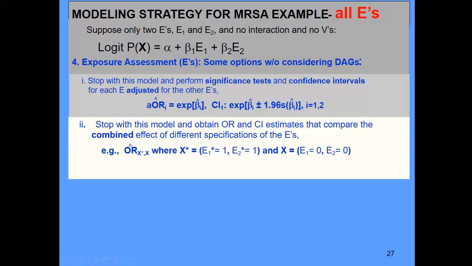You're going to focus on the joint effect of these 2 exposure variables. If you had 4 exposure variables, you might deal with the joint effect of the 4, which is going to be more complicated. But with the 2 variables, one way to talk about the joint effect is to consider how one specification of the 2 variables in one situation might compare with another specification of these 2 variables in another situation.